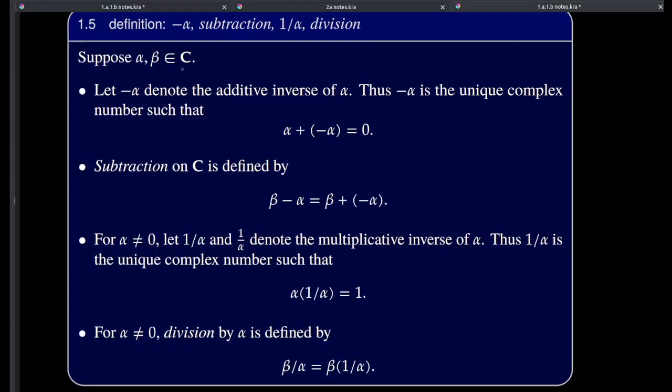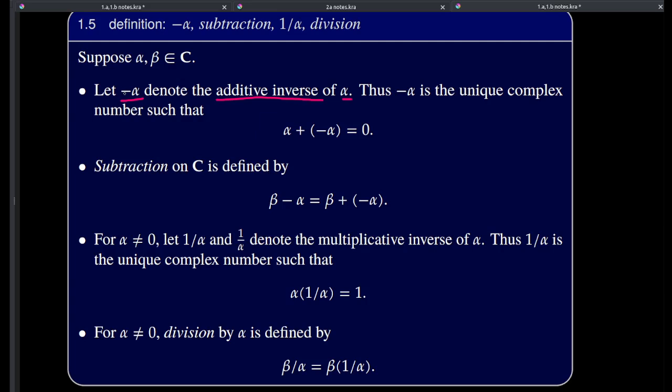So a little bit of notation, and this is kind of a good way to start thinking about how we'll begin to abstract some of these things to get at vector spaces and things like that. But first, fields more generally, is we'll use some symbols. So we'll let minus alpha denote the additive inverse of alpha.